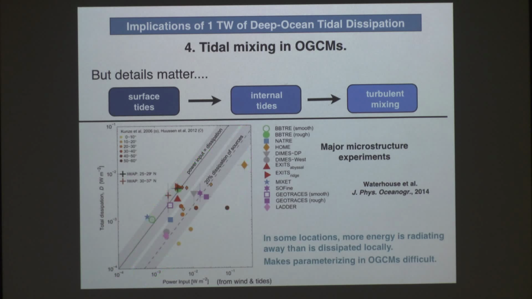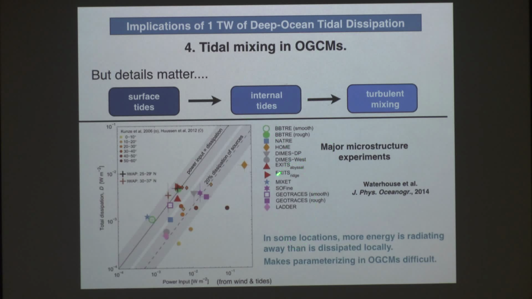This is a nice diagram that was just published by Amy Waterhouse and a big group, Scripps and some other places, in which she tabulated all the major microstructure experiments that have been done.